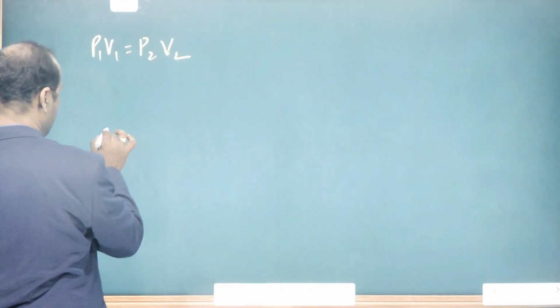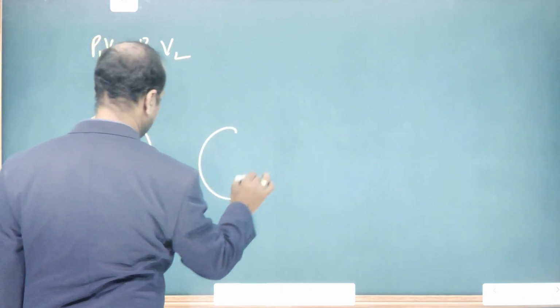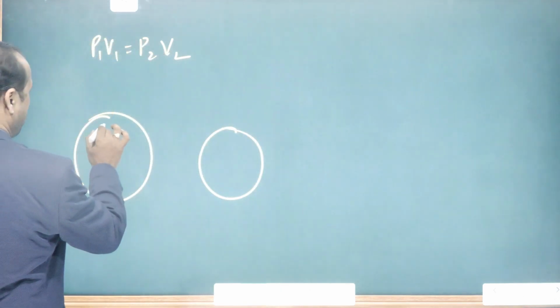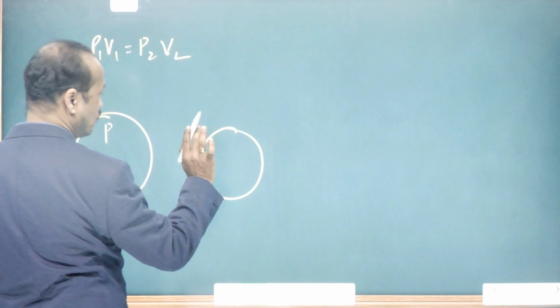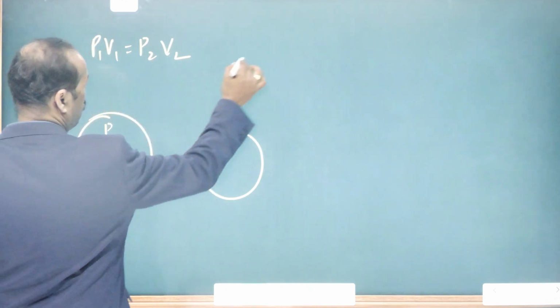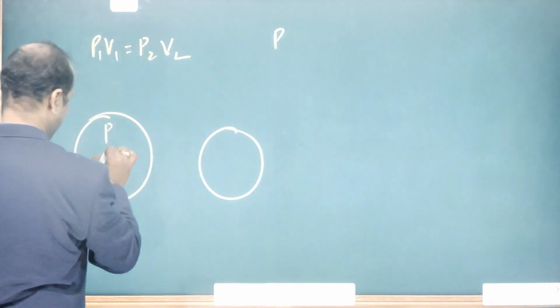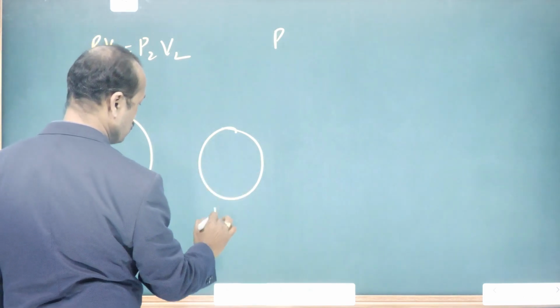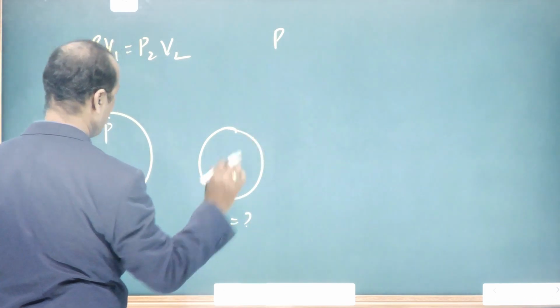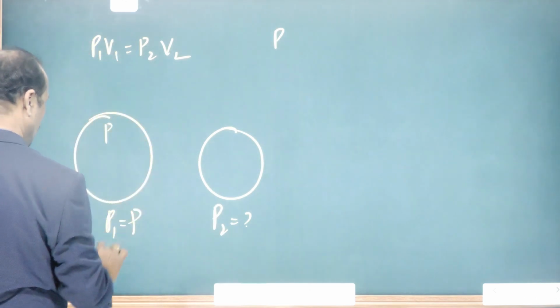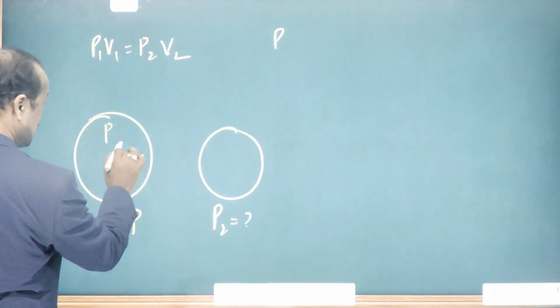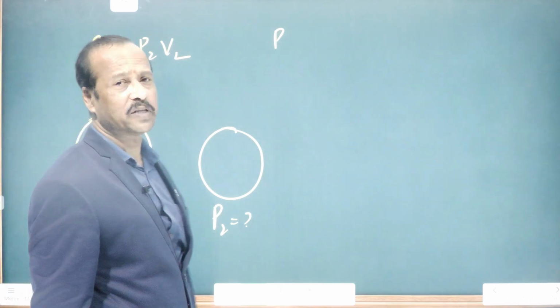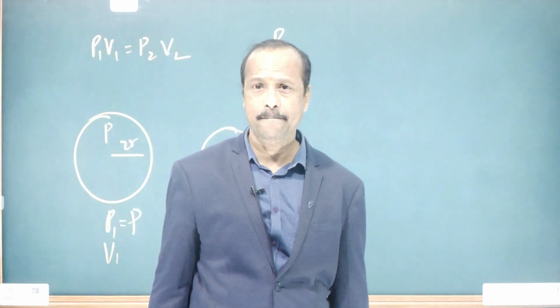So we have two spheres, the first sphere and the second sphere. Here the pressure is given as P, and the other pressure we don't know. So P1 is equal to P, and P2 we don't know, leave it. Now the volume V1 we want, but here the radius is 2r. Do you know the formula for the volume of a sphere?